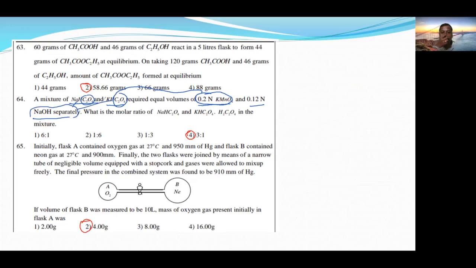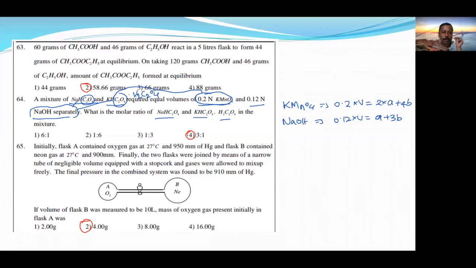Then what is the molar ratio of NaHC2O4 and KHC2O4 and H2C2O4 in the mixture? Is that clear? Here actually there is a question typing mistake. It is KHC2O4·H2C2O4. This is a total mixture.